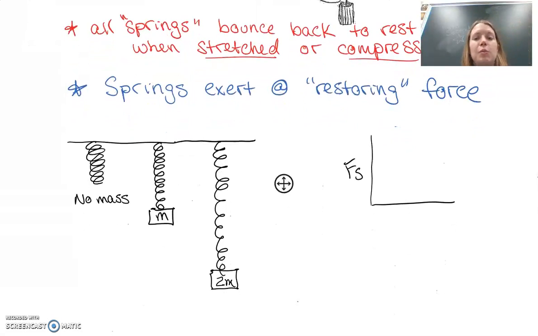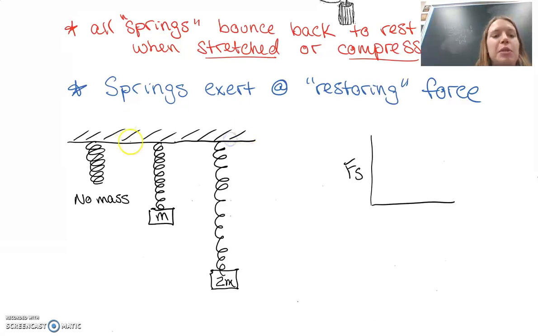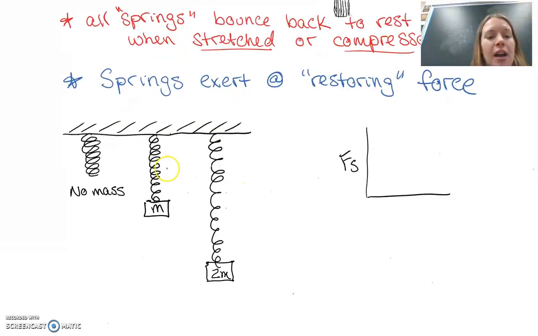If we're interested in exploring this force that springs exert, we are going to look at a free body diagram, as always. If I have the same spring at different time slots where I've hung one mass from it, we know that the force of gravity acts downwards, and we can calculate that by the mass times 9.81, the acceleration due to gravity.